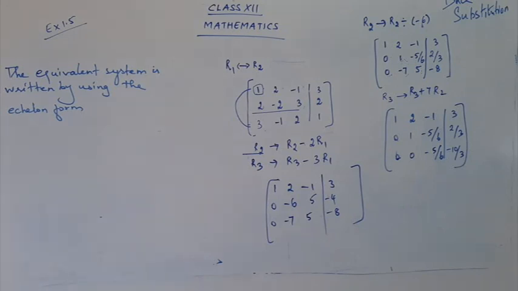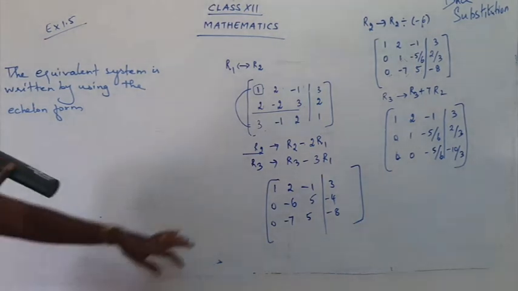Okay, now let's see how to write the echelon form. What was the starting statement? You are going to transform the augmented matrix in terms of echelon form. So that's what we have come to. Let's see how to write it. Already I have told you, we have to get this form.